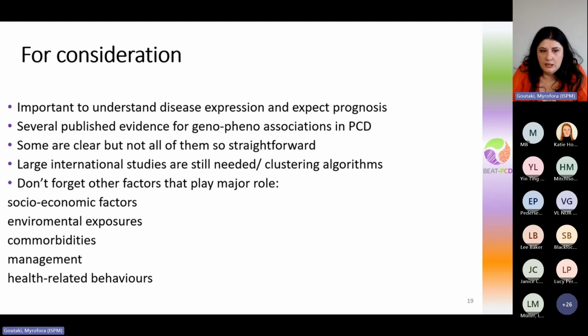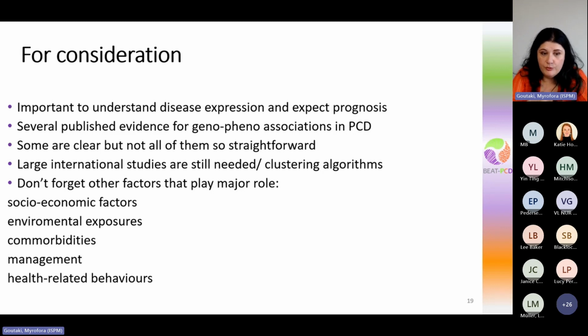So as I said, we really need large international studies like registries or large cohorts. And ideally, we need an approach like the one from the UK, France, and the Netherlands that I showed, that uses clustering algorithms to describe phenotypes as a whole and not just compare separate characteristics.